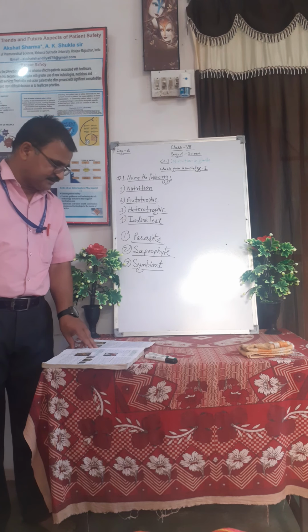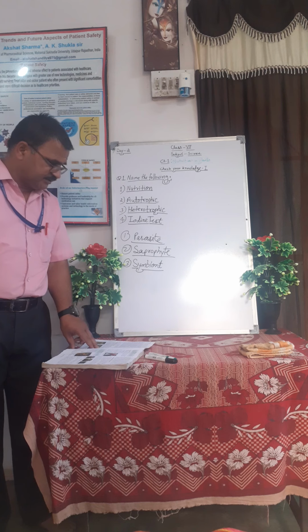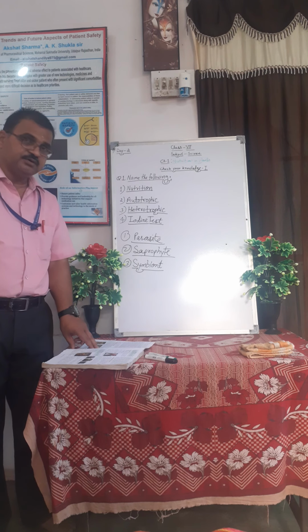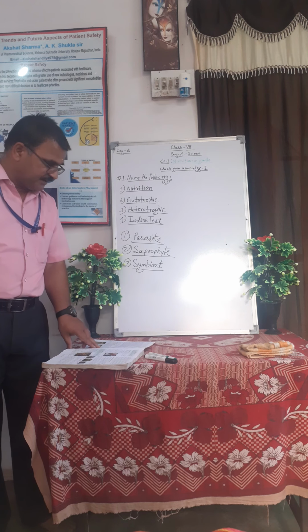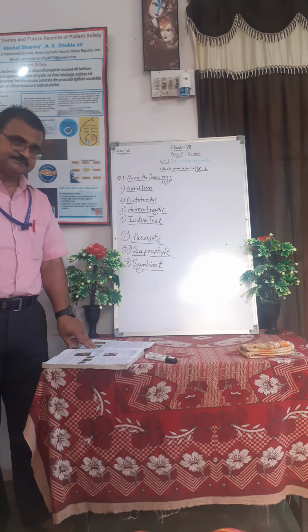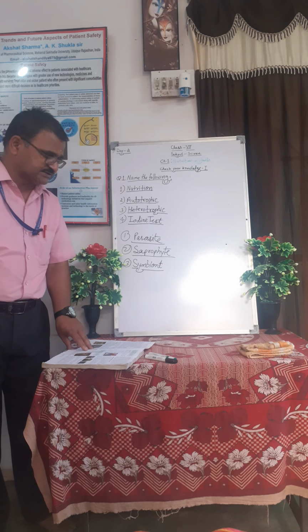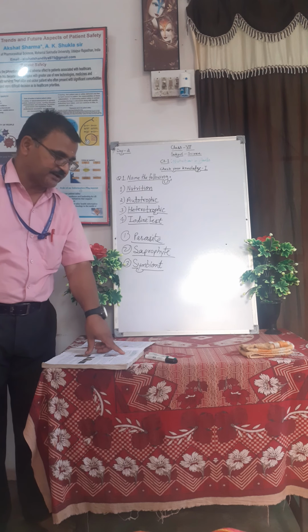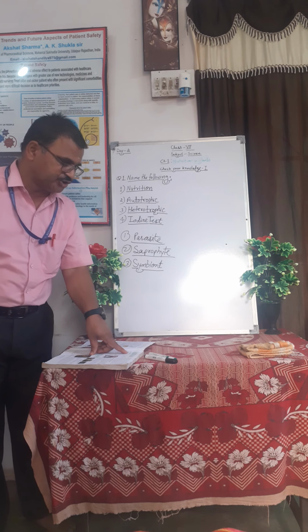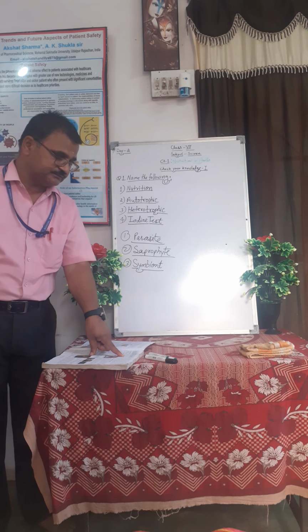Parasitic plants take their food from other plants, such as cuscuta. In common language we say amarbel is a parasitic plant. It has special tubular structures called haustoria that penetrate into the tissue of the tree from which it gets food.